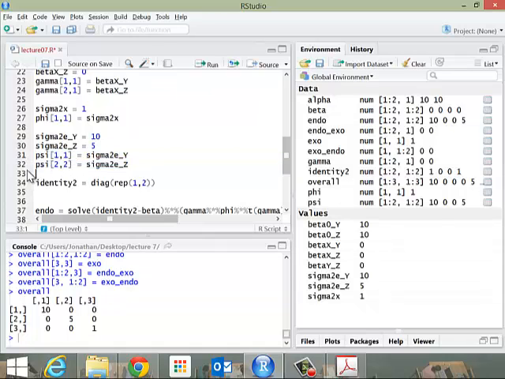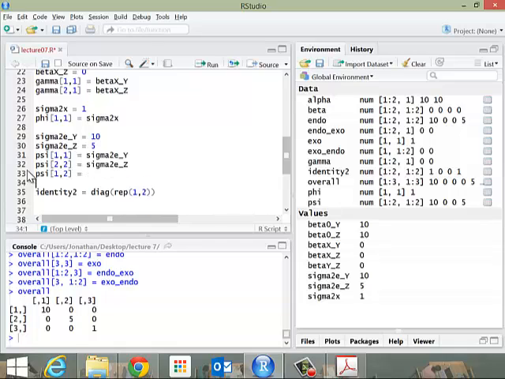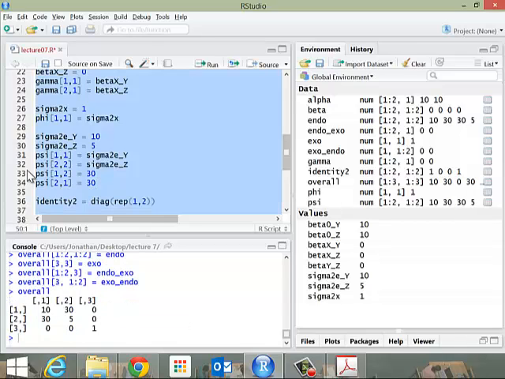So if I say psi 1, 2, oh, let's make it 30. Watch what'll happen. There's our 30 again. All right?